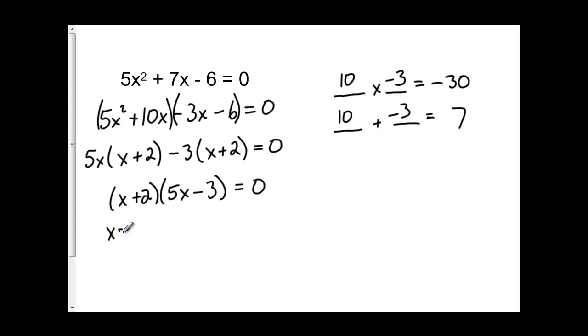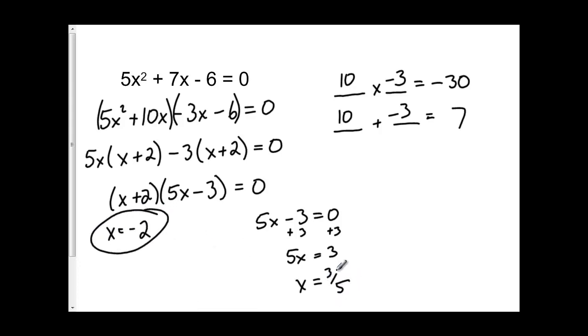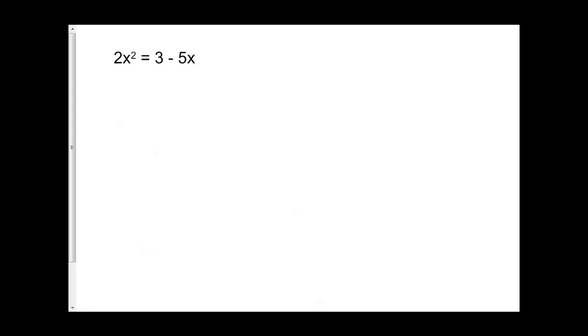The first one is going to be x equals negative 2. The second one, if I have 5x minus 3 equals 0, I'm going to add 3 to both sides. I get 5x equals 3, which results in x equals positive 3 over 5. So my two solutions are x is negative 2 and x is positive 3 over 5.